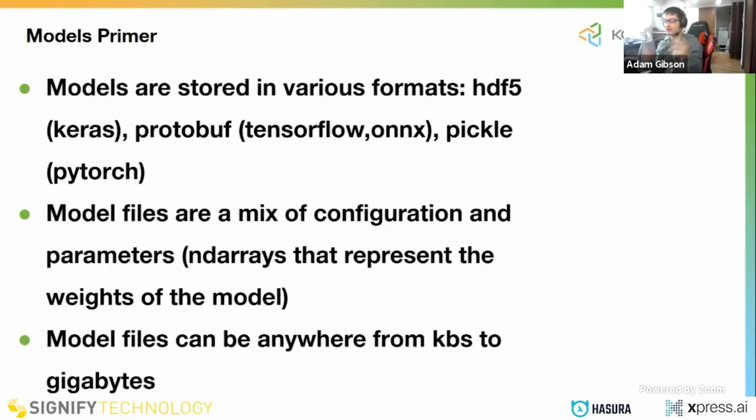There's that configuration plus the actual matrices themselves, which can be very big. Not every model is 10 terabytes, but it's not uncommon to see 500 megabytes, 250 megabytes, 2 gigs. Those are not that rare. You see those quite a bit.